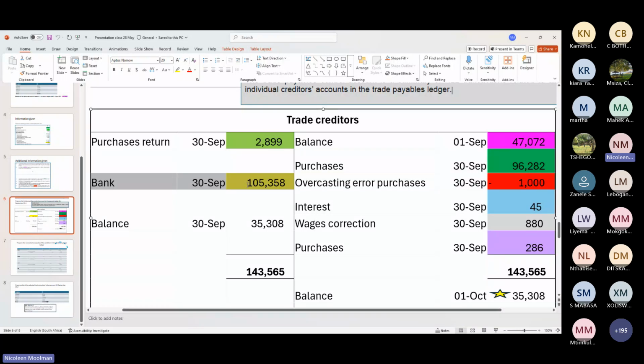So it's an outflow of cash. So if there's an outflow of cash, you credit bank and you debit your creditors. The bank here is just the description of what we did in the general ledger. We're not saying we're debiting bank here. We're debiting trade creditors because we're looking at the trade creditors general ledger account.